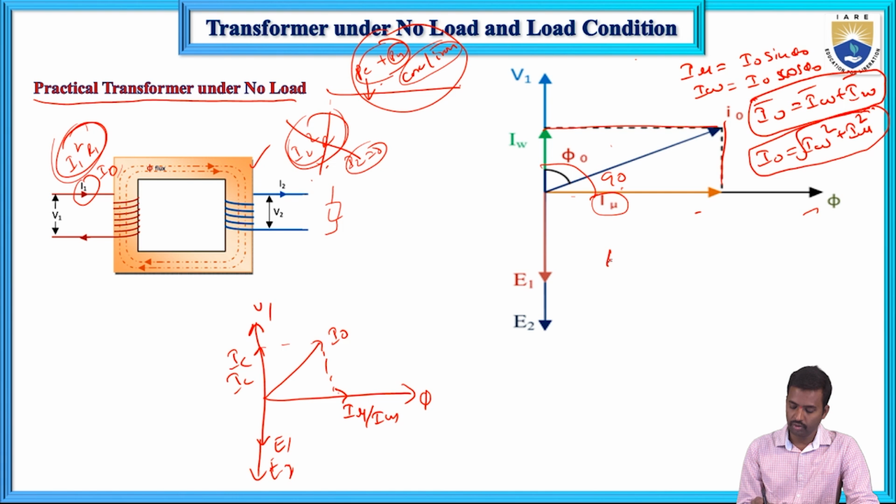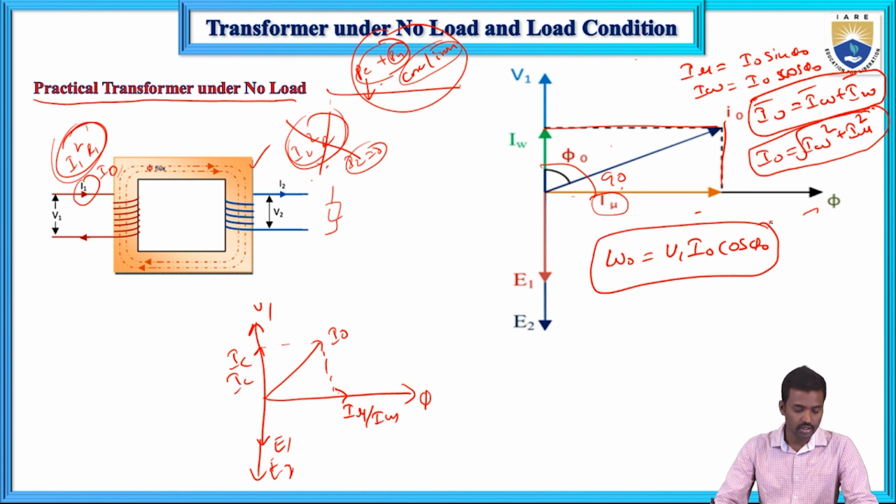Now if you write the power losses, W naught equals V1 I naught cos phi naught. So this is the formula. Now here copper losses are very less.